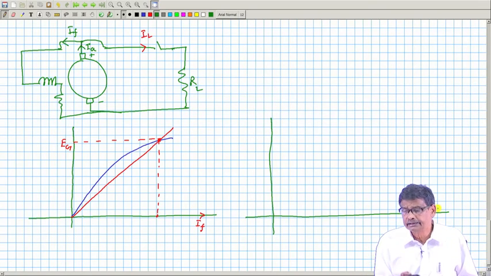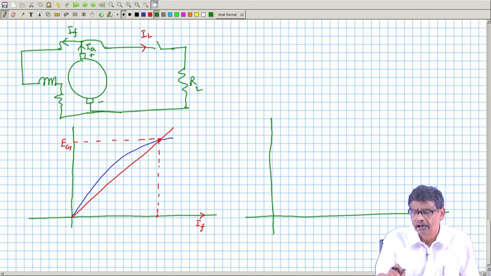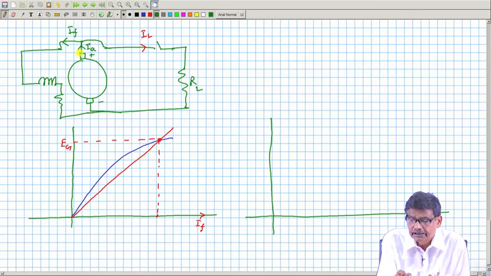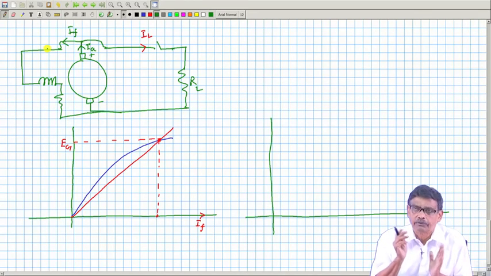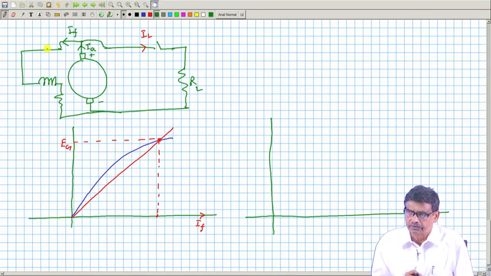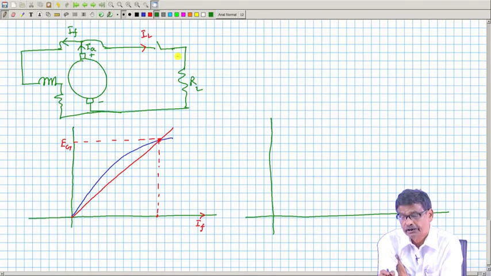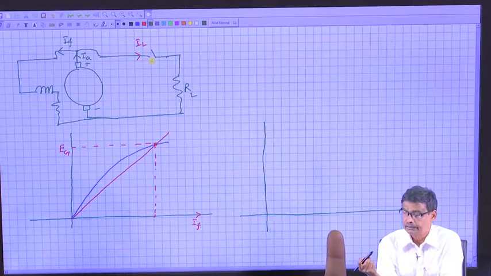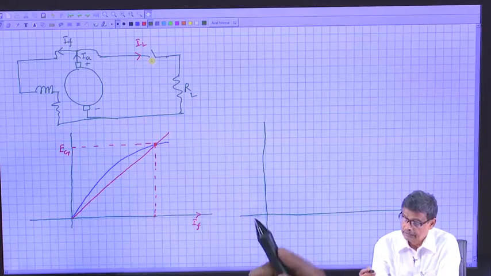Load characteristics looks like I can sketch for load current versus the terminal voltage or armature current versus the terminal voltage. Either of them I can do, because external load current whatever you are drawing, with respect to that how terminal voltage is changing, I can find that out.